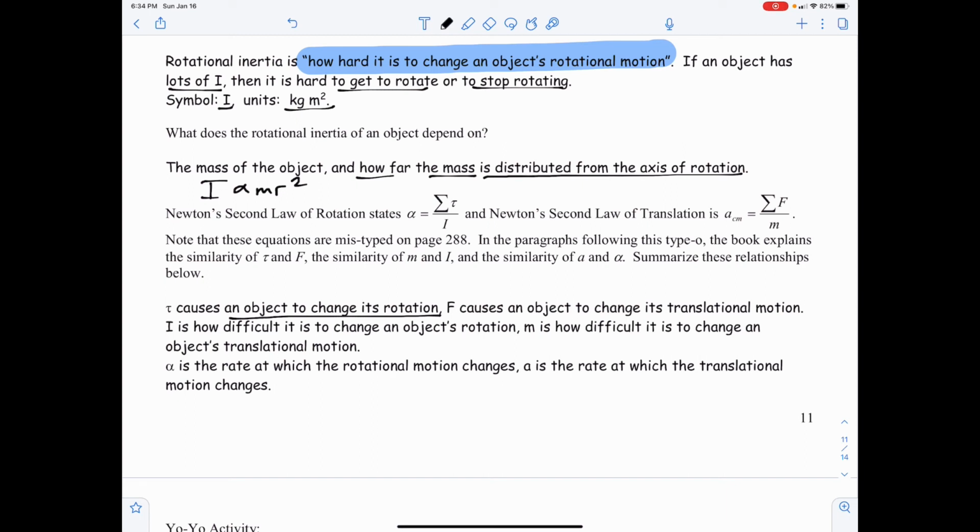I is how difficult it is to change an object's rotation. Mass is how difficult it is to change an object's translational motion. Alpha is the rate at which the rotational motion changes. A is the rate at which translational motion changes. Again, just a side-by-side comparison between translational and rotational properties.